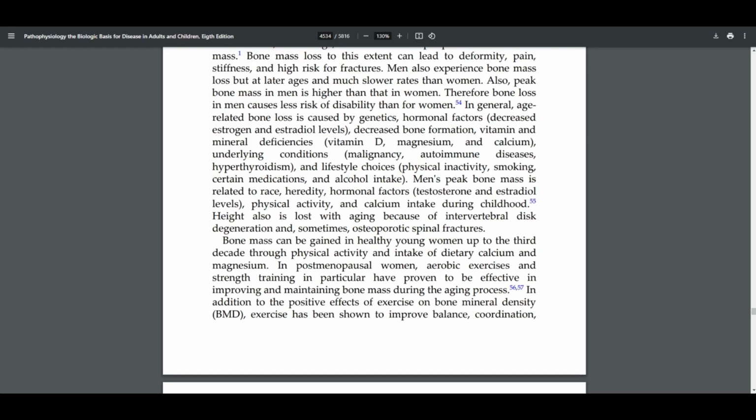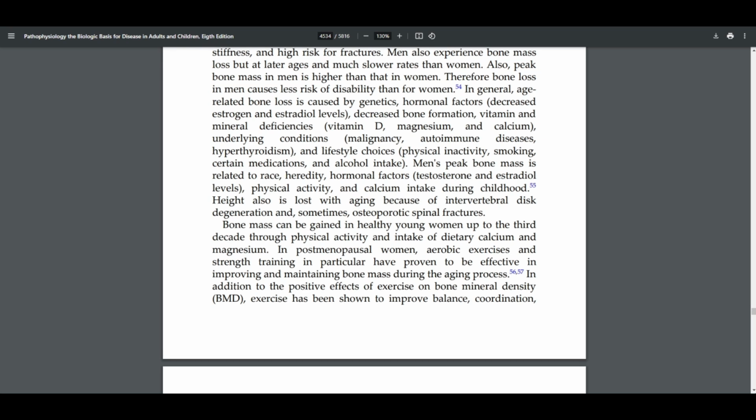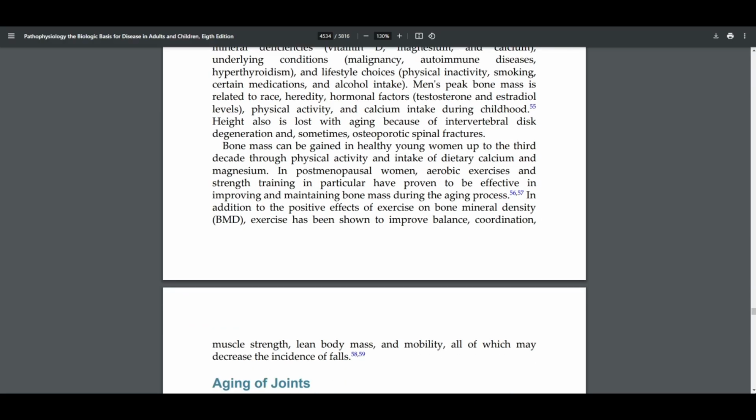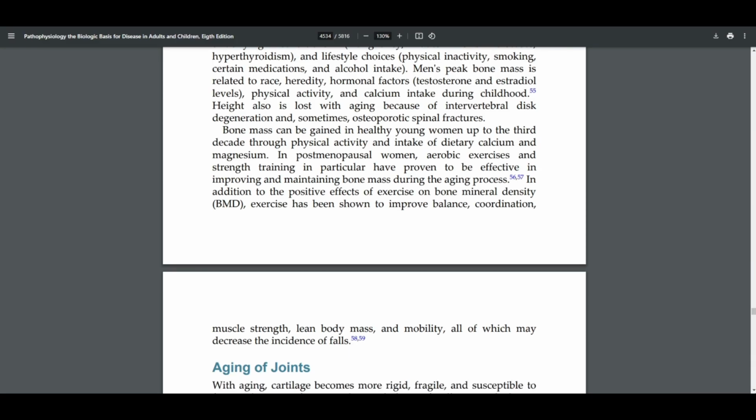Height is also lost with aging because of intervertebral disc degeneration and sometimes osteoporotic spinal fractures. Bone mass can be gained in healthy young women up to the third decade through physical activity and intake of dietary calcium and magnesium.